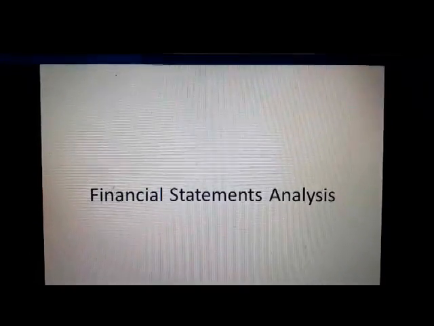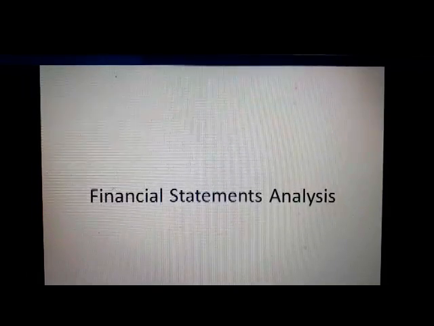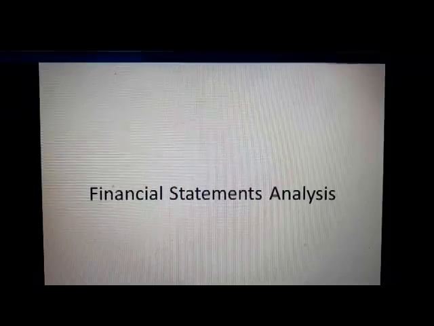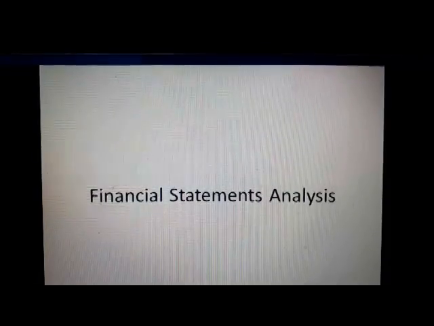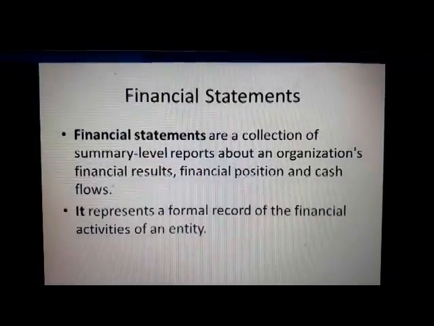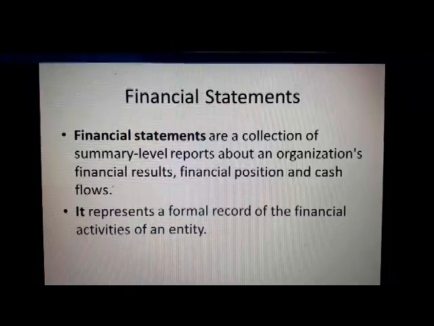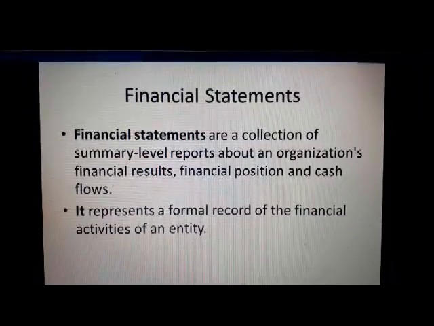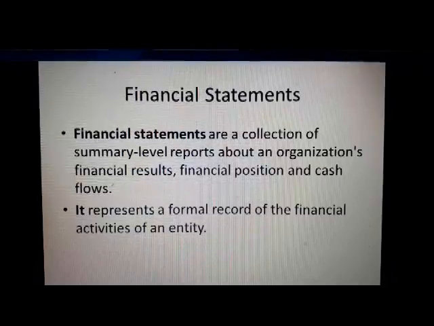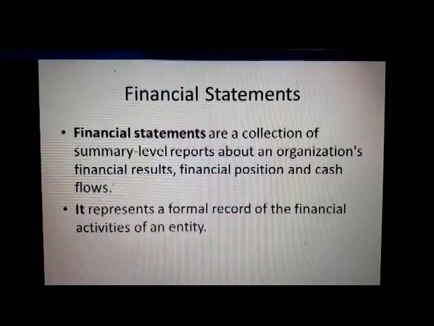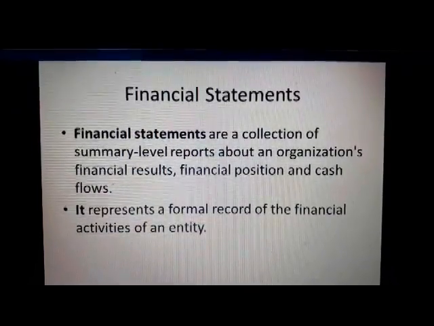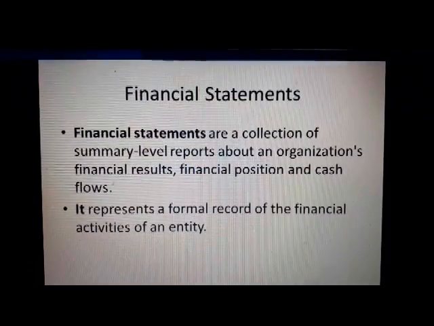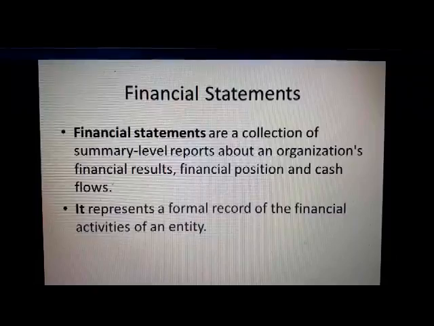Financial statement analysis. Before starting our discussion, we need to understand what a financial statement is. Financial statements are a collection of summary level reports about an organization's financial results, financial position and cash flows. Here there are some important words: summary level reports.